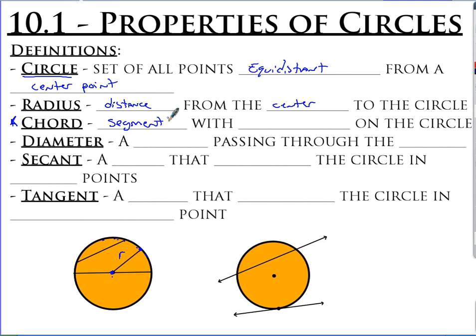Remember, if we just say segment, we imply that it's a line segment, which is a piece of a line that has endpoints on the circle. So this would be a chord. It's a piece of a line, it's a segment, and the endpoints of that segment are on the circle.